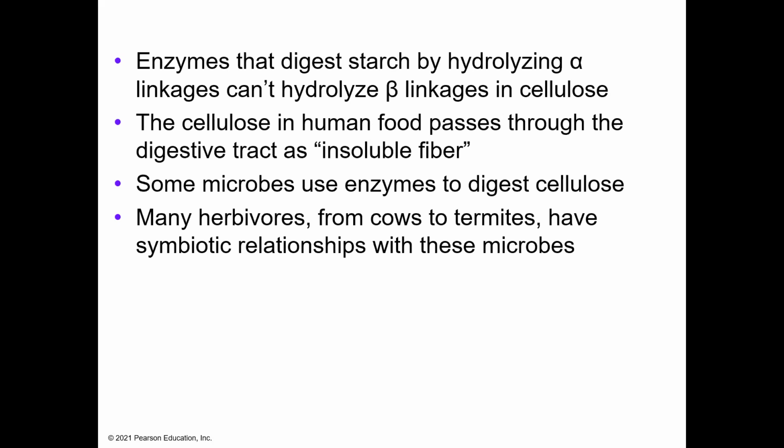A lot of humans, we are not able to digest or break down a lot of cellulose. And so we rely on other things to help break that down, or it just passes straight through your digestive tract. And so we call those things insoluble fiber, because all it does is just go through the digestive tract.